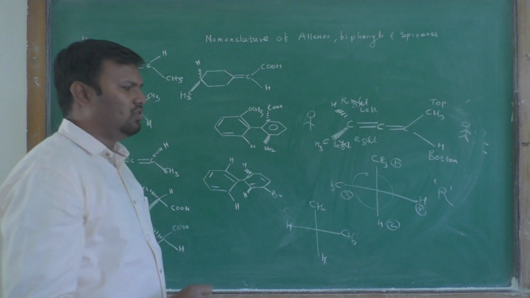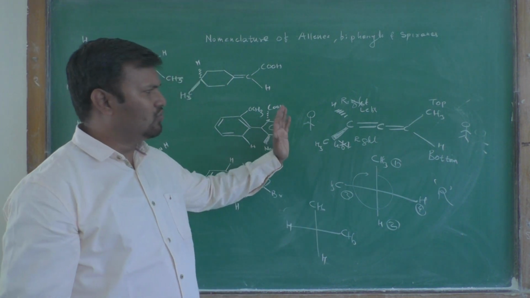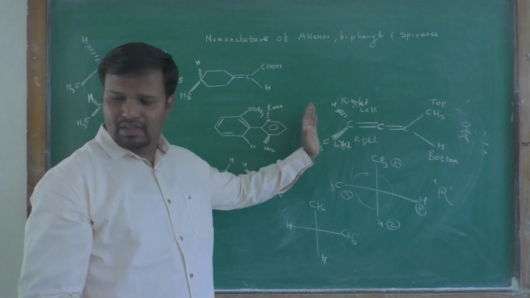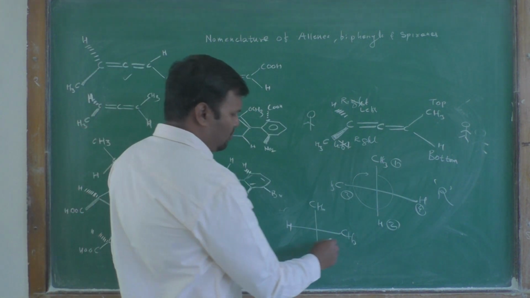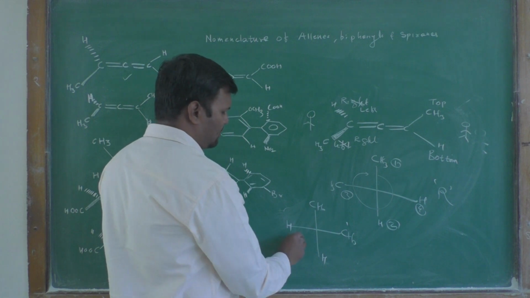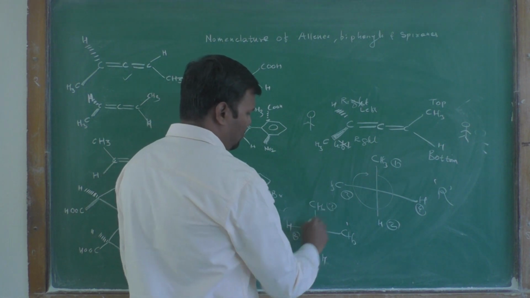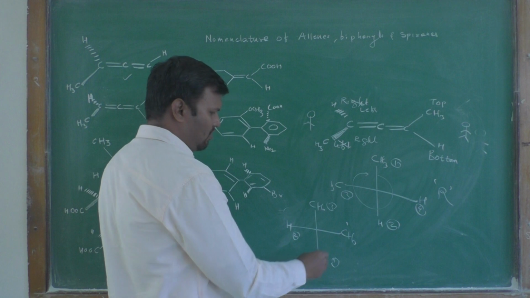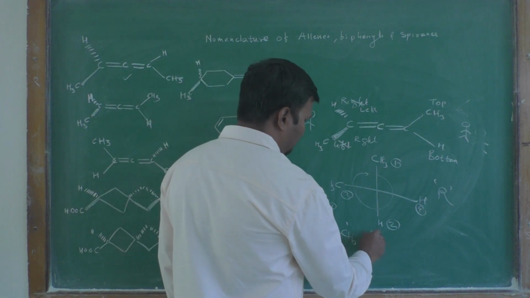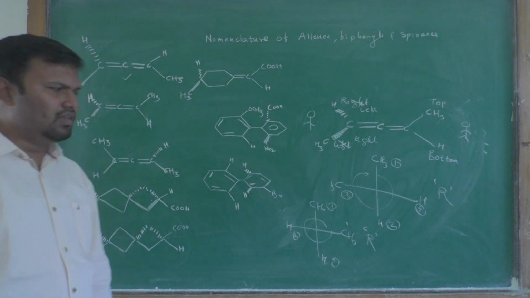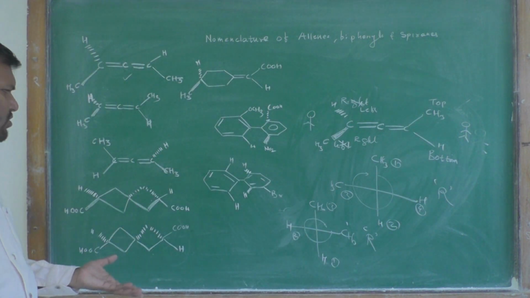You have to give the priority to the horizontal groups first, because you are looking at the molecule from that particular left-hand side. Then the first, second, third and fourth priorities, so first, second and third, and again you obtain the R configuration, which matches. From where you are looking is not important.